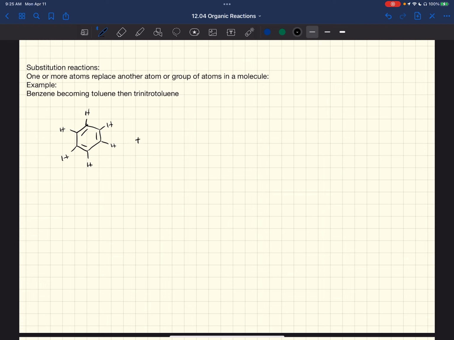And if you run this reaction where you take methyl chloride, this is not really important. You don't necessarily need to remember this. This is just an example.